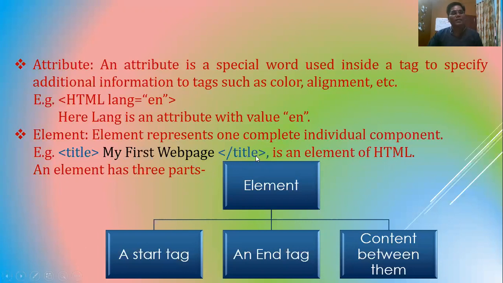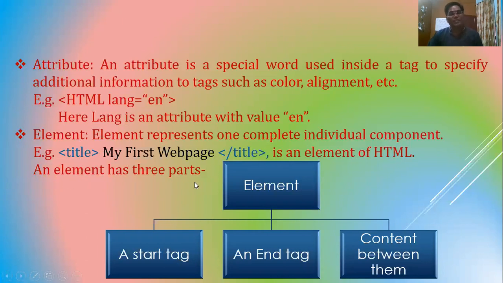You can see over here in blue color, title, and these are the element, and this is my first web page is the content of the element. So when it is written like this, it is called an HTML element.